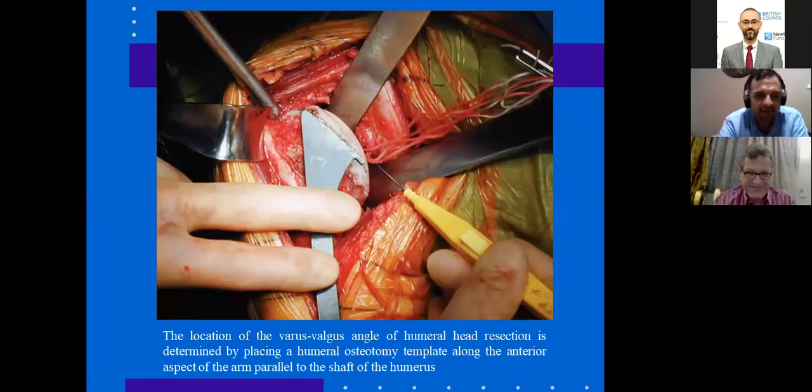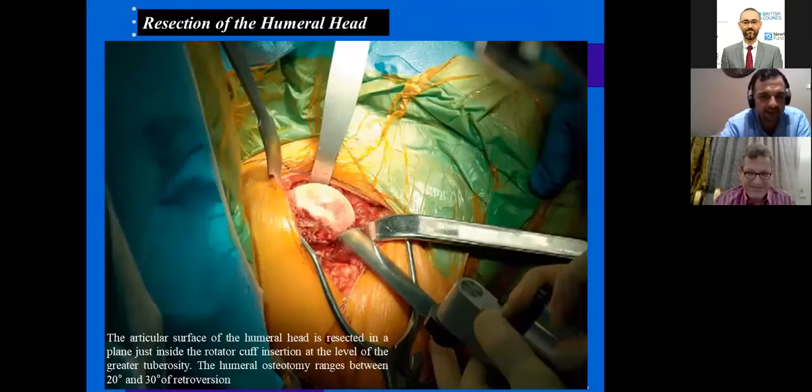And then the articular surface of the humeral head is resected in line with the insertion of the rotator cuff at the level of the greater tuberosity, in retroverted position, 10 to 30 degrees.